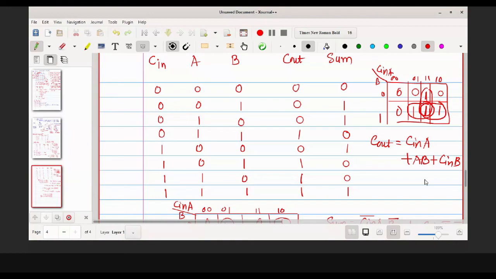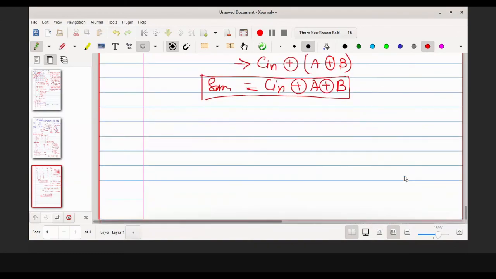Now you can use any basic gates or any type of gates, and you can implement the circuit for this particular C out and sum. When you implement this, finally you are going to get the circuit.